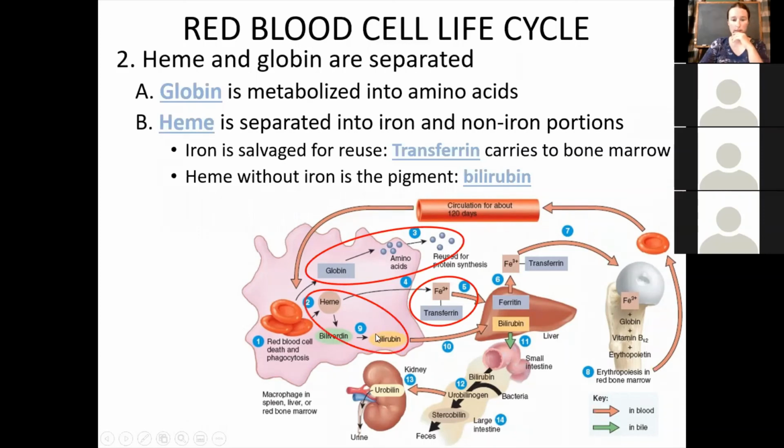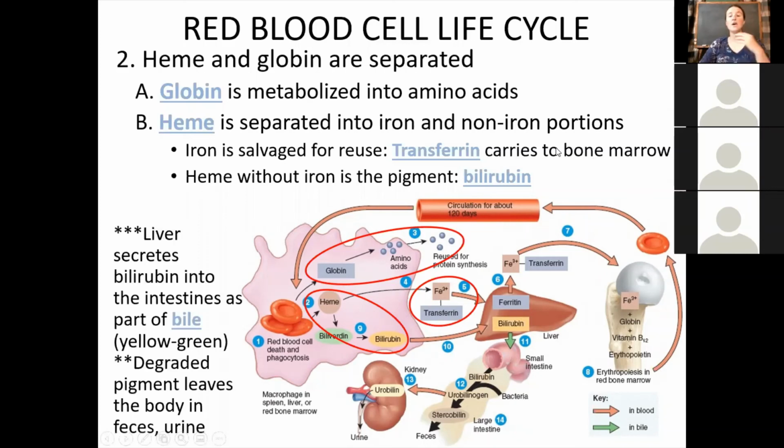Bilirubin, as we can see here, is taken from the hemoglobin, put into the blood, and ultimately it is filtered out of the blood by the liver. The liver is going to secrete this bilirubin into something called bile, which we'll talk a lot more about later this semester, but essentially bile is required to help you absorb lipids from your diet.